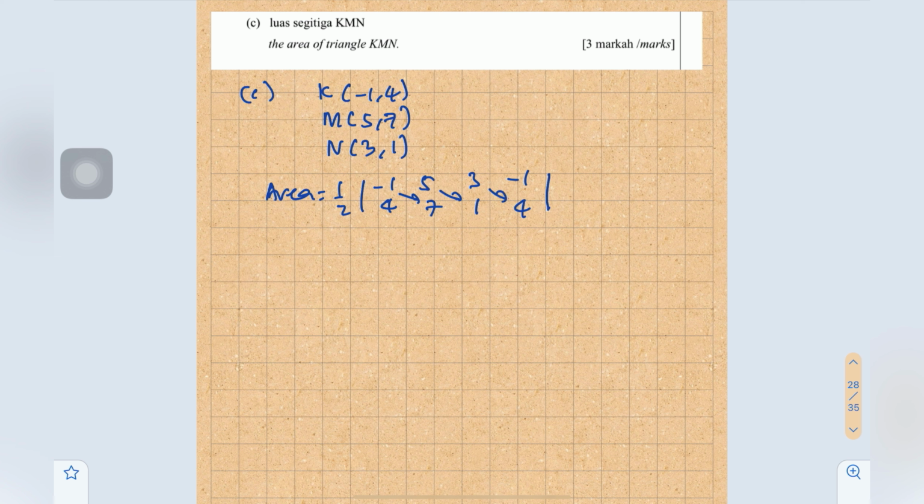So, cari this one, 1 over 2, negative 7 plus 5 plus 12. Okay, minus yang ni pula. Okay, 20 plus 21 minus 1. Okay, so the answer is 15.